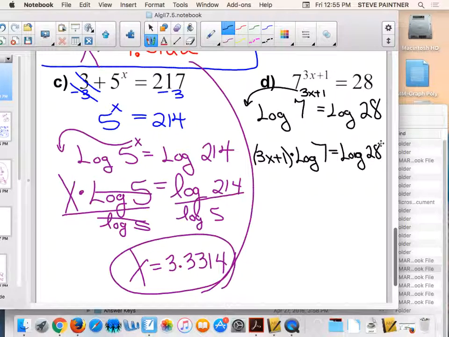Now remember, you're solving for x, but x is wrapped up inside here. It's like tightly wound inside the grouping. So what do you do first? Divide by log of 7, because that would just knock this out. All that would be left is this number, 3x plus 1.